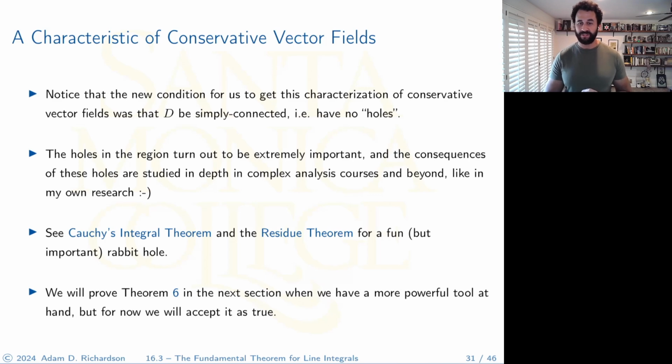So in my own research, looking at fractal zeta functions, those holes are basically the complex dimensions of this fractal object. And those holes correspond to poles of the zeta function itself. So you can think of them as asymptotes, that there's basically like a puncture in the region right at that point, okay? So these holes turn out to be critically important later on.